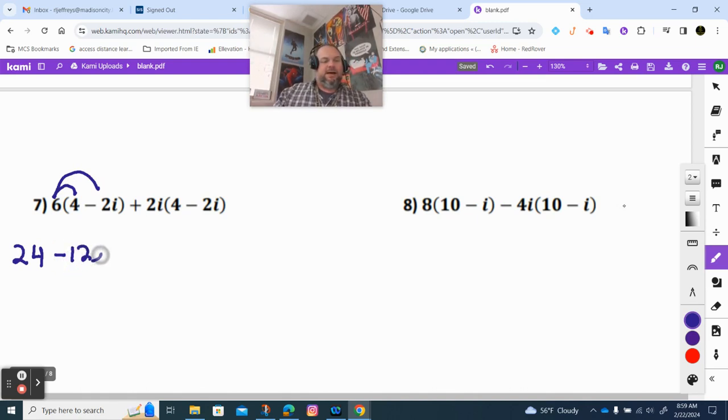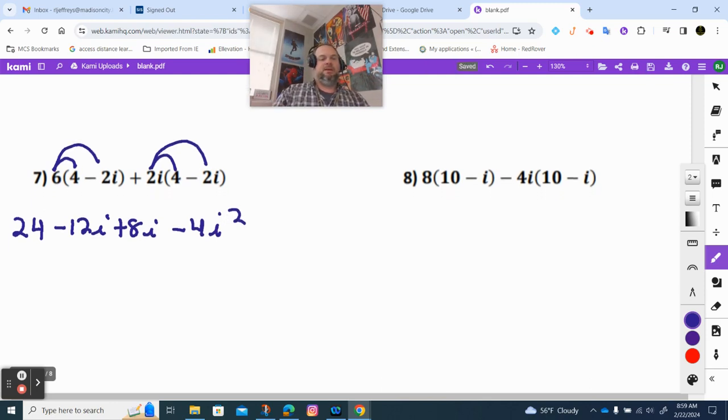Minus 12i. This is plus 8i. Minus 4i squared. Okay. All it is is two different distributive properties, double distributive.